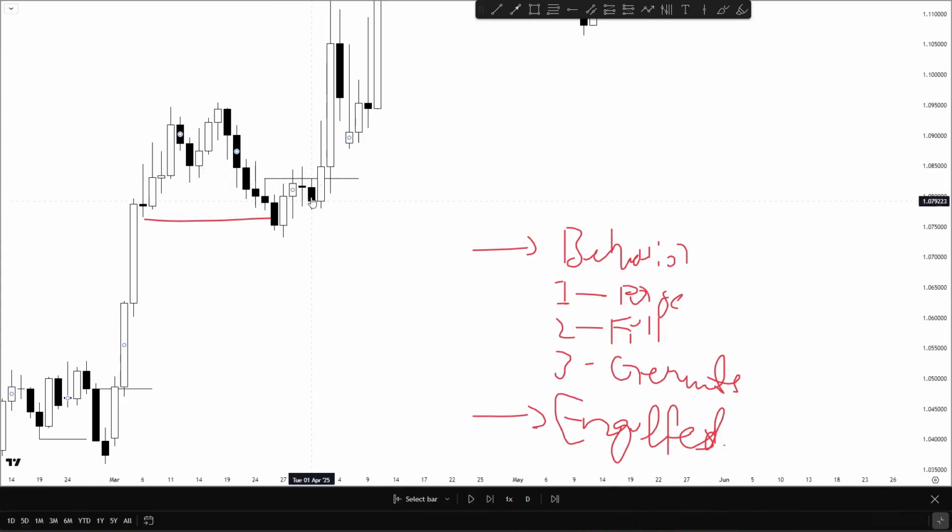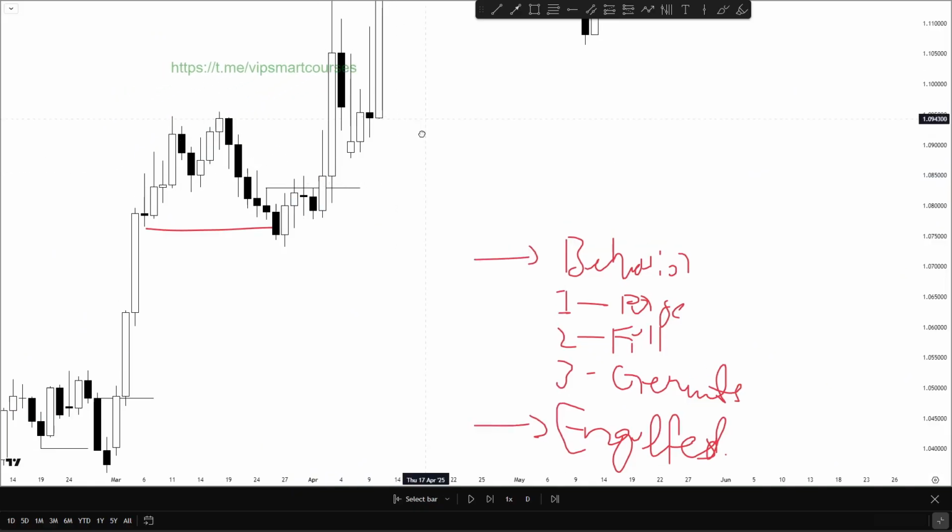Okay, and this is how you differentiate between selecting a single candle as an order block and selecting multiple candles as a single order block. It all comes down to how price engulfs the candle or the group of consecutive candles that showed one of the three behaviors.